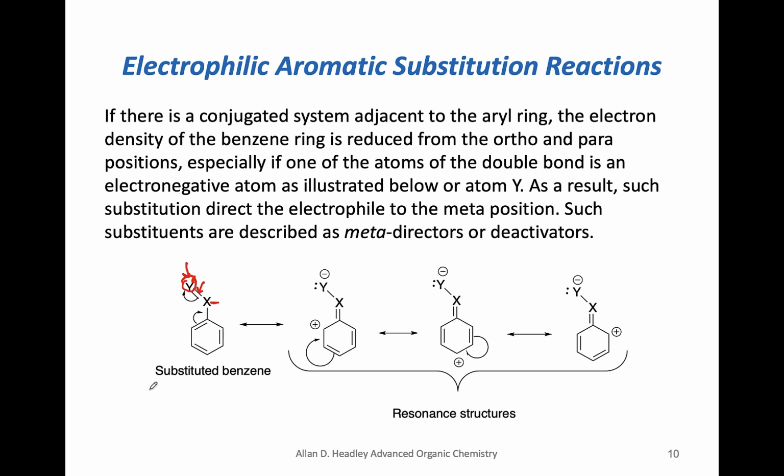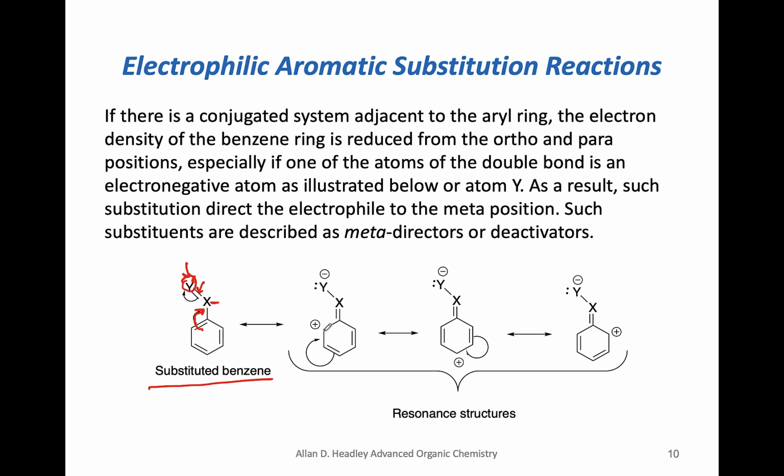So for substituted benzene that has a double bond in conjugation, notice in conjugation with the aromatic ring, the electrons of the aromatic ring can be delocalized as shown here.